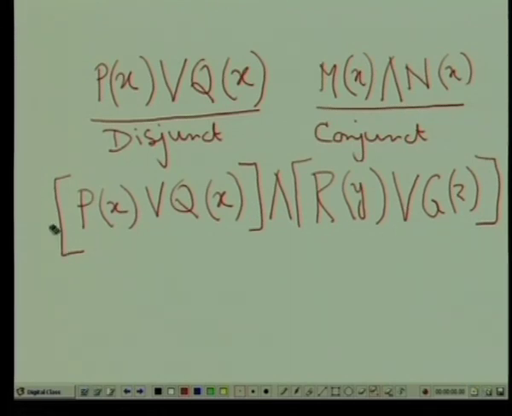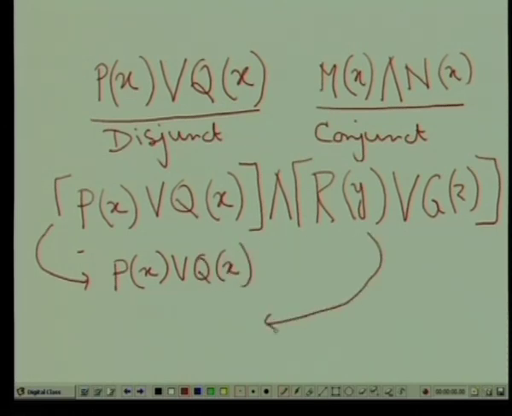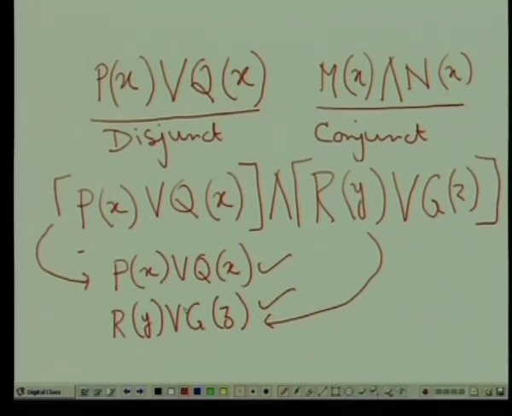This one I can write down separately as P x or Q x, and this one I can write down separately as R y or G z. Now, according to our definition, both these are clauses, and a conjunction of disjuncts, therefore, each of these disjuncts can be written down as a separate clause, and that is our objective, to convert it in the clausal form. Okay.